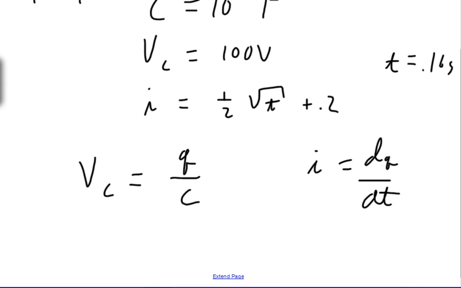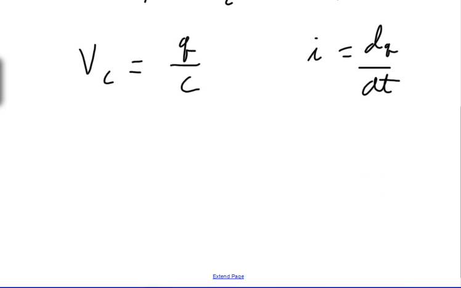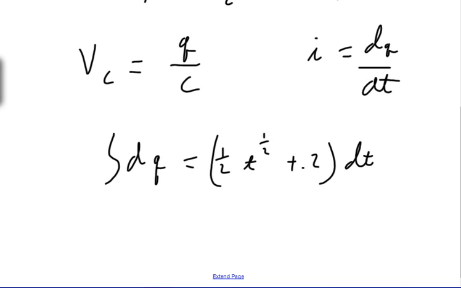All right, so I've got to come up with what Q is. dQ is equal to 1/2 t to the 1/2 plus 0.2 dt, integral.